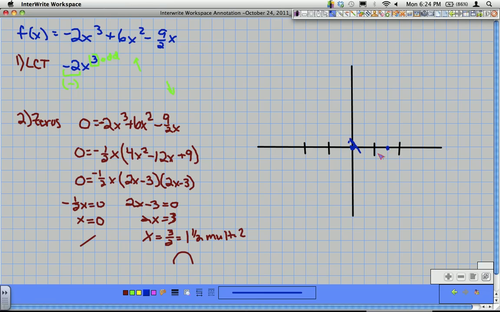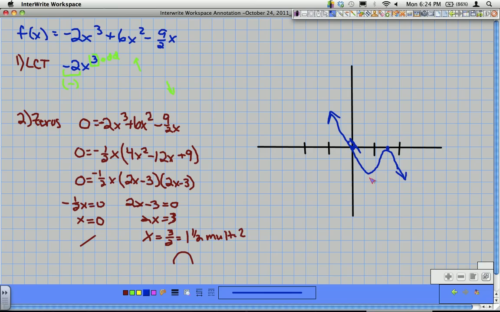On this side, we know it's got end behavior coming down this way, and it's got a touch and turn. So if it's on the bottom here, touch, turn, it's got to turn this way, like an upside down parabola. So this one's going to have to go up, touch, turn, come down, turn back around, and go straight through on that side.